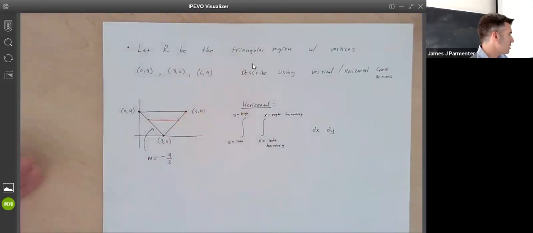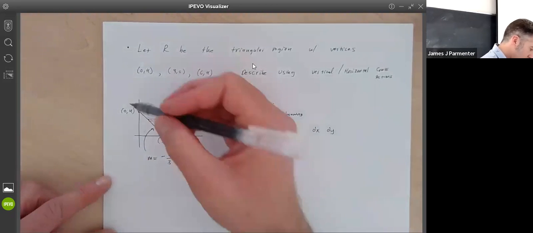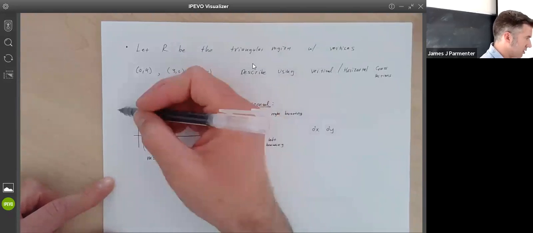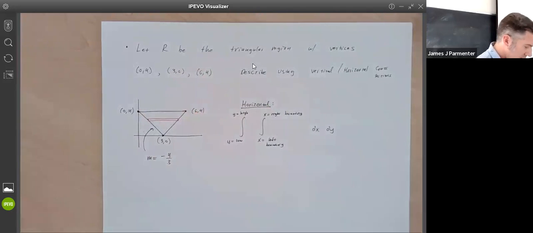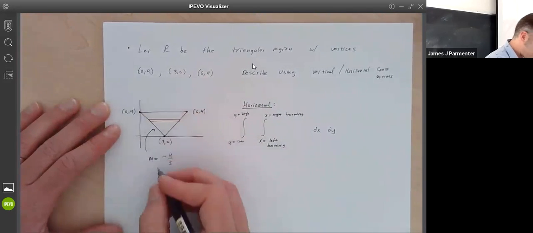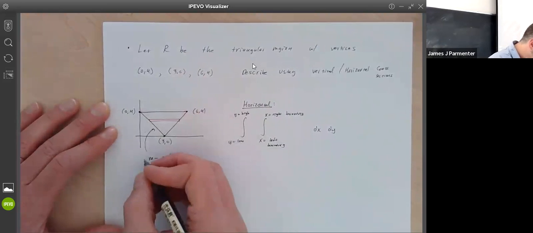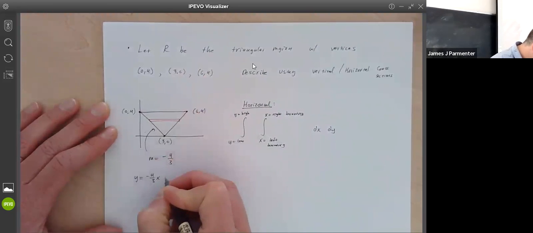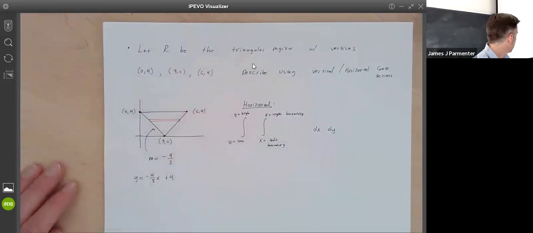You could also use the slope formula: 4 minus 0 over 0 minus 3. That would totally work as well. Since I have the y-intercept, the equation of this line is y equals -4/3 x plus 4.